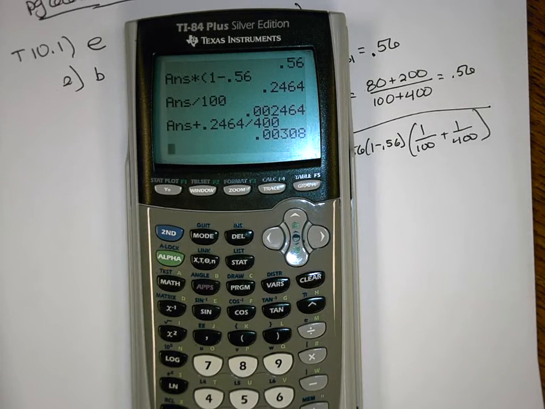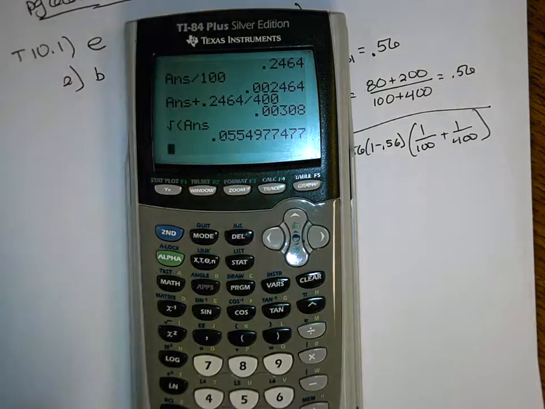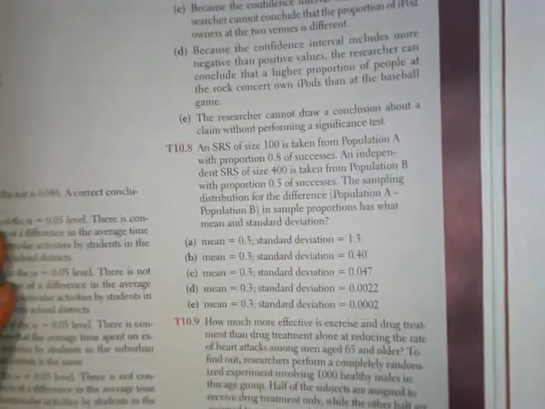Now be careful, because 0.003 I bet is one of the options. I have to square root that. You get 0.055. Let's see what our options are here.